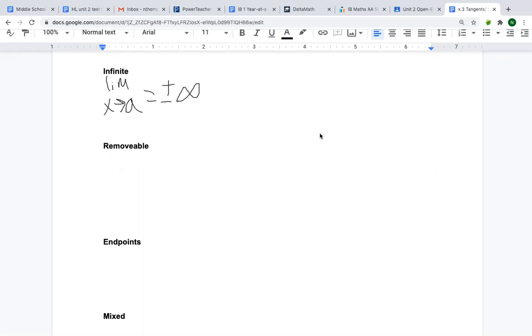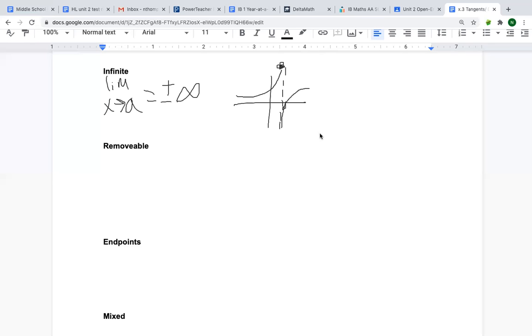If I were going to have a picture of this one, it might look something like this. We graph it with that imaginary vertical asymptote. So if an equation has a vertical asymptote, then it has an infinite discontinuity, meaning it's just this big wide line that I can never get from here to here.